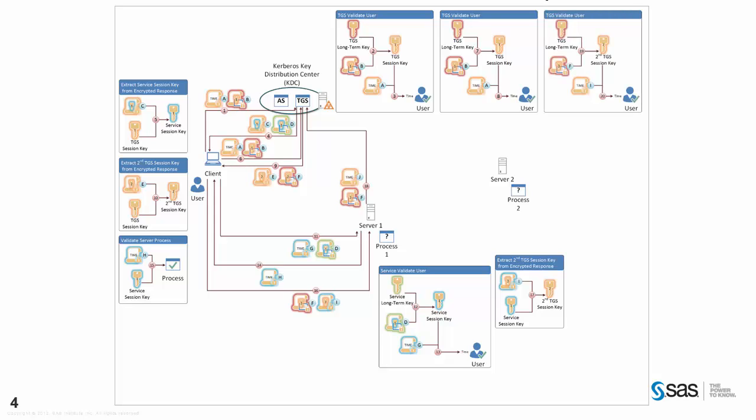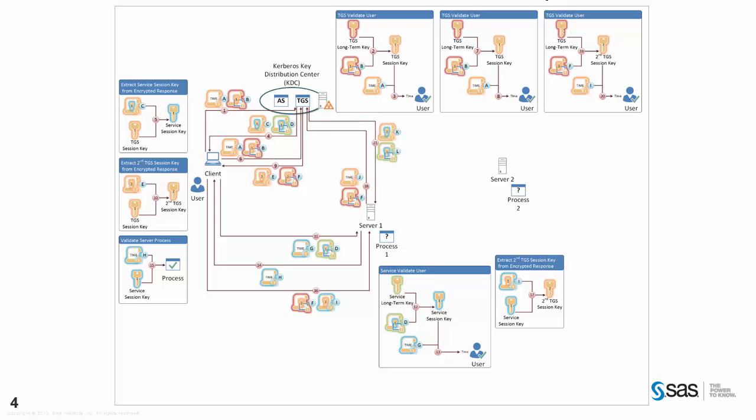As before, the ticket granting service decrypts the ticket granting ticket, shown as F, using its long-term key. From this, it obtains the associated ticket granting service session key, which is then used to decrypt the authenticator and so validates the end user, but this time from the first service.